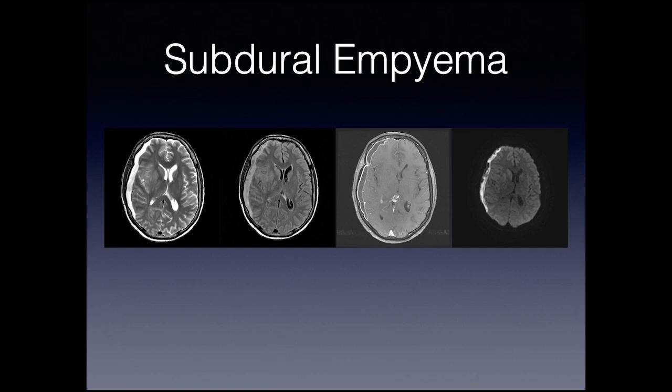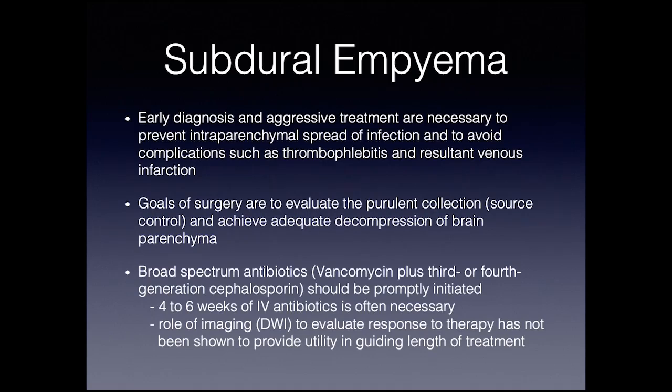Surgical evacuation of the empyema is imperative to prevent further intraparenchymal spread, with resultant thrombophlebitis and possible venous infarction. Although the optimal surgical approach, craniotomy versus burr hole drainage, is debated, craniotomy is generally advocated because it ensures maximal drainage of the collection and allows for inspection of the adjacent anatomic areas and removal of the bone flap if necessary.